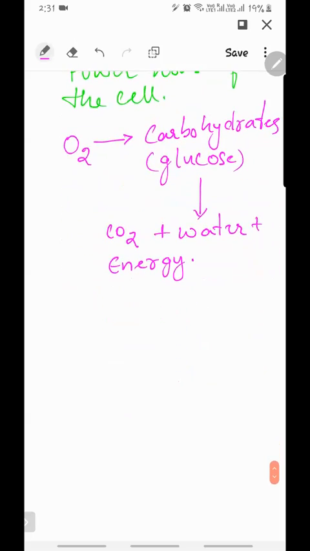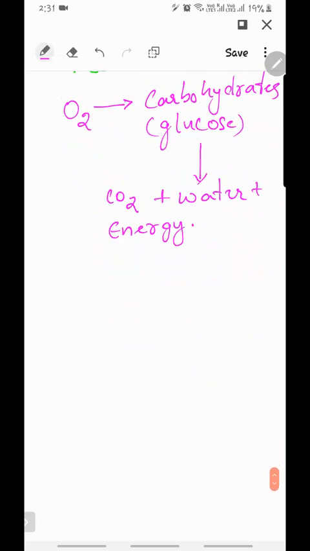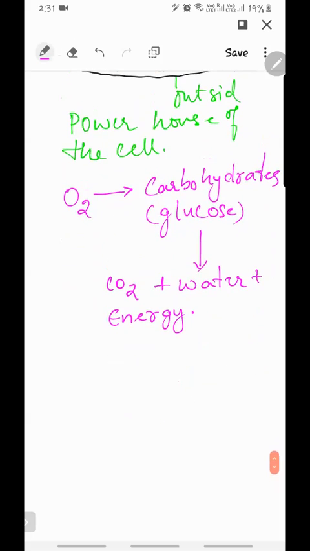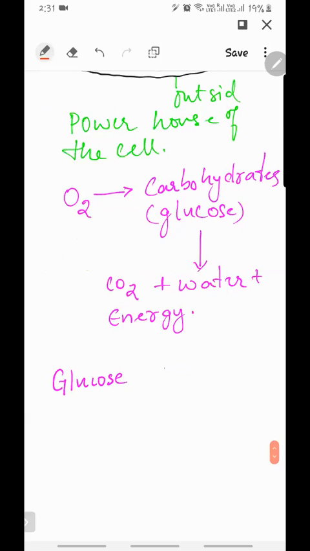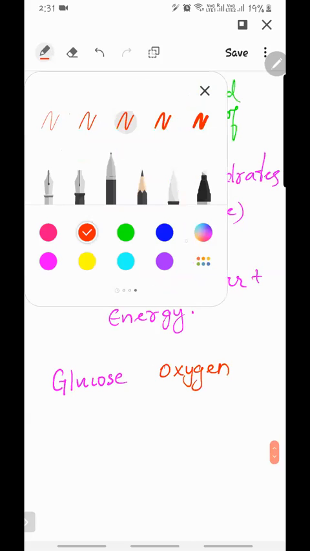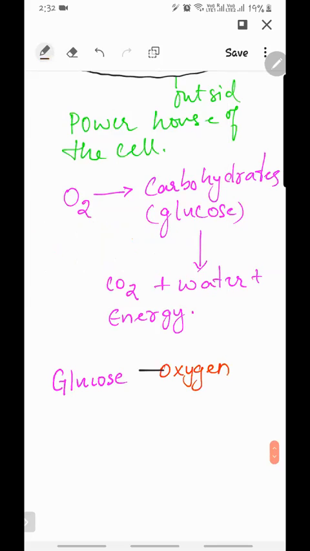We'll see by equation how glucose releases energy. So we will take one glucose molecule and one oxygen, with a plus sign.